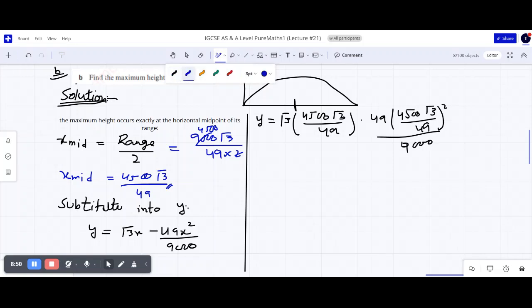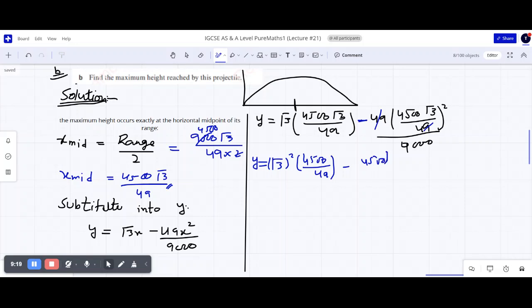So now y equals root 3 times root 3, which is root 3 squared, and 4500 divided by 49 we keep the same. On the other side there is 49 squared, so one 49 will cancel out. There is the minus sign, so minus 4500 squared, and the root 3 squared also becomes only 3, multiplied, divided by 49 times 9000.